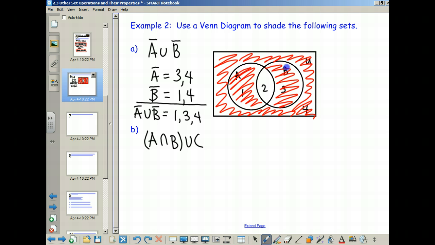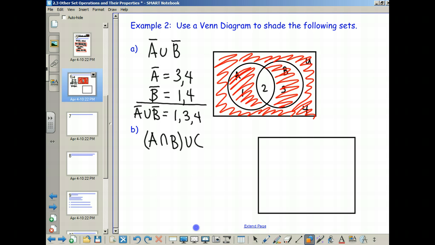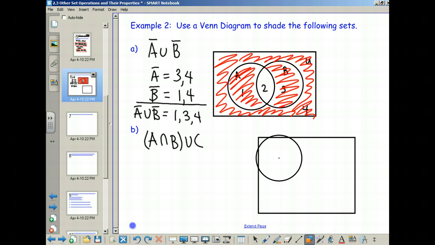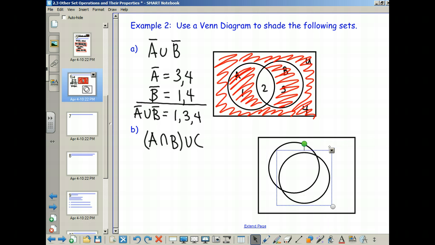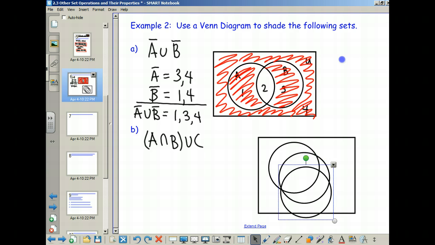So all of a sudden I take something that had 2 circles, and now how many will I have? 3. I need 3 circles.